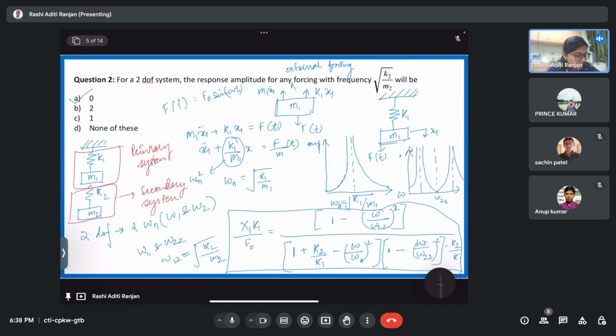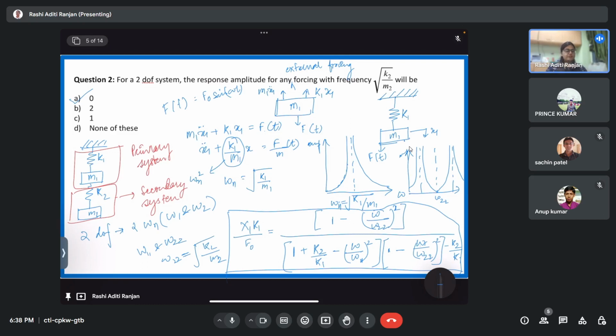So what has happened? By introducing a new spring and a new mass, I have shifted my resonance conditions. Now, instead of one peak, I'm having two peaks. However, I can see that at omega 22, my primary system is not having any kind of vibration, right? So the answer would be 0.